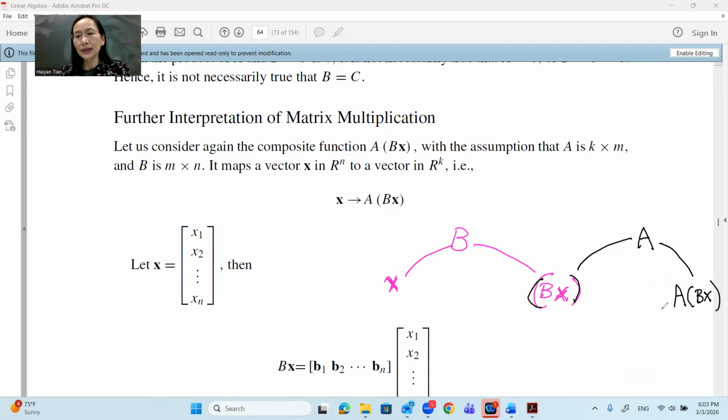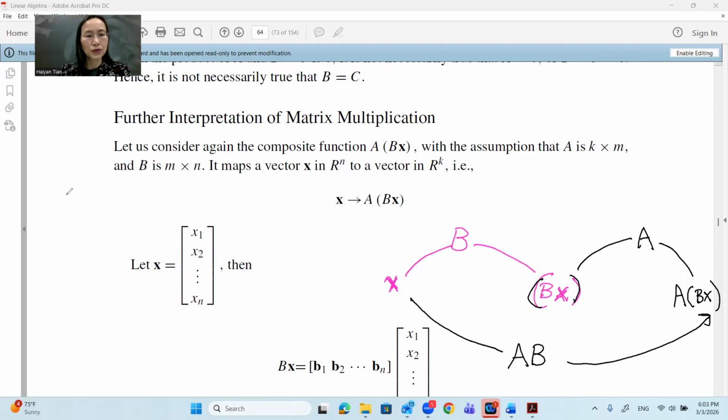So AB is actually defined to be such a matrix that maps the vector X directly to this vector.